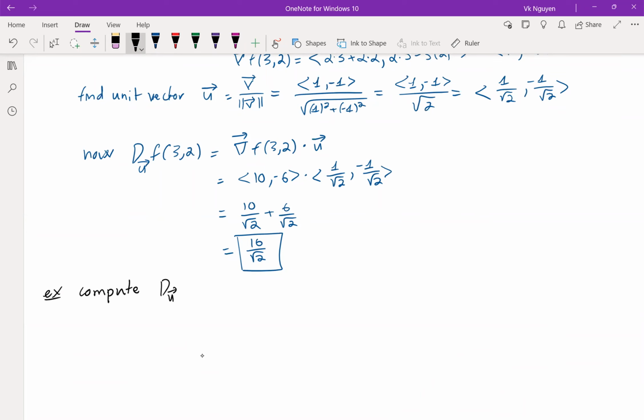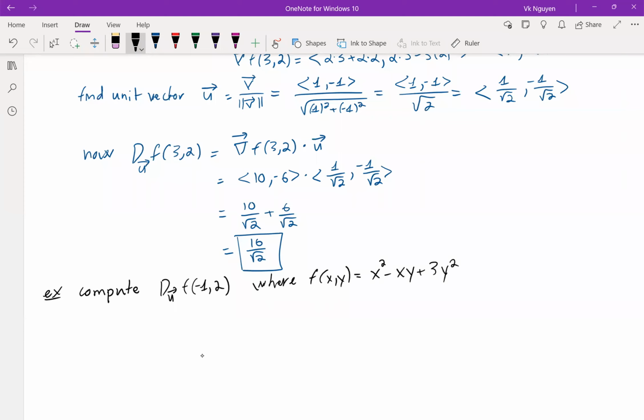Directional derivative in the direction of the unit vector at the point (-1, 2). Right? So here comes just the notation here, where I have to give you the surface. f(x,y) is equal to x squared minus xy plus 3y squared, right?